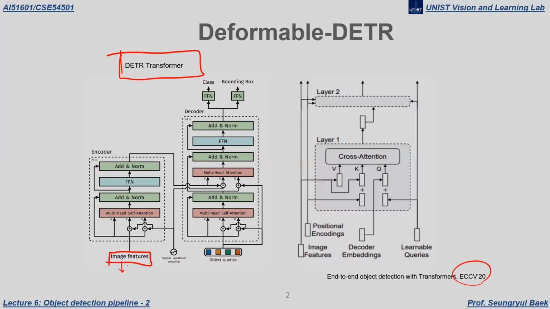These image features are extracted from ResNet, which is pre-trained with ImageNet. So we are still using CNN in some portions of the transformer architecture. And this image feature becomes the query, key, values in the encoder.